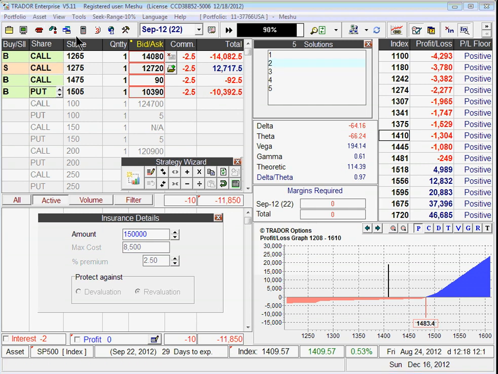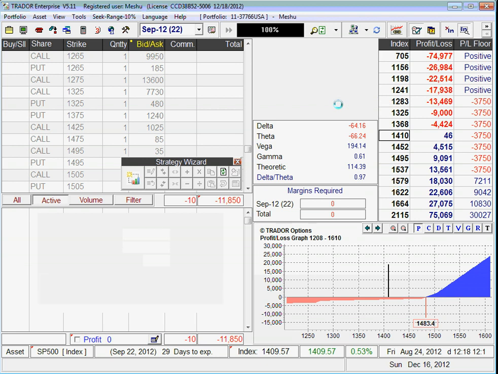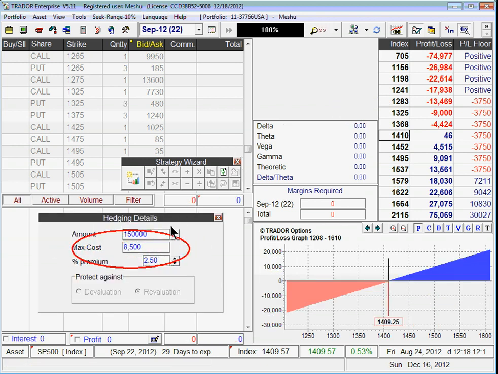The hedging engine is similar to the insurance engine, with the ability to define the maximum investment cost and premium percent we are willing to pay. So I'll define max investment cost of $8,500 and premium percent of 2.5% and activate the engine.